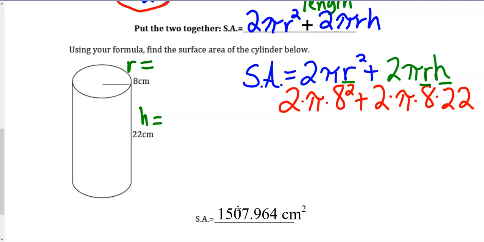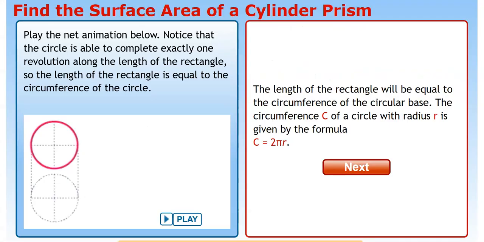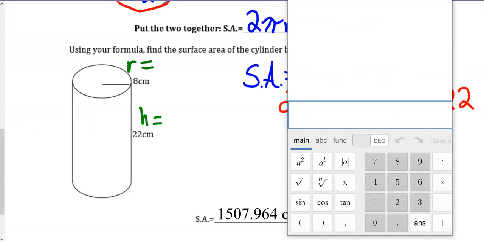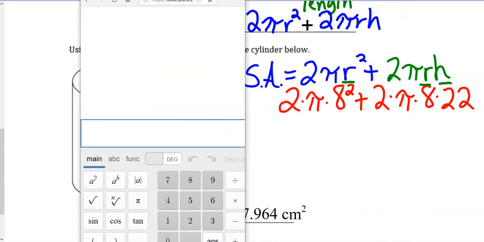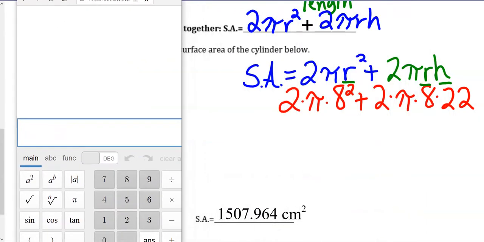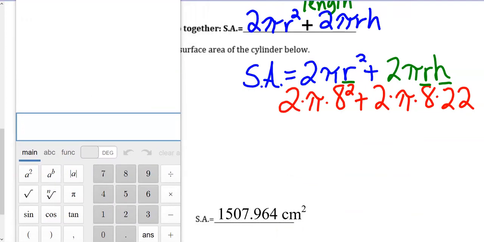Open up your Desmos calculator, and then let's try it. I'm going to pull mine up. Okay, so I'm just going to bring it over here, my Desmos calculator, and let's go ahead and try it. So I'm going to just type in the formula as it is.